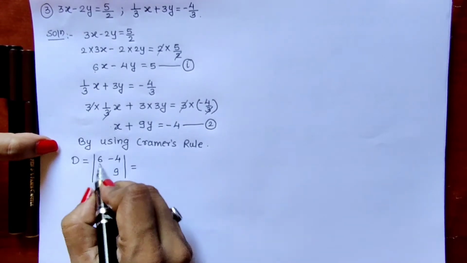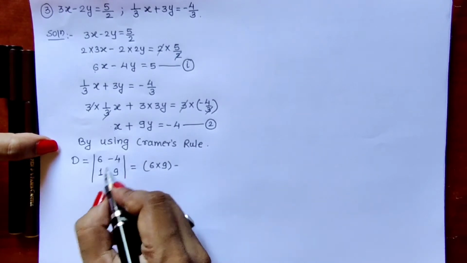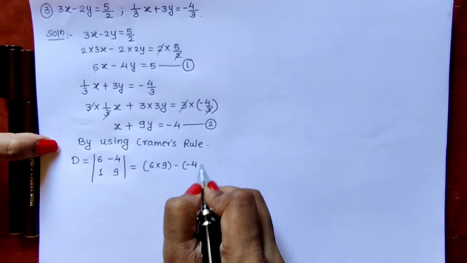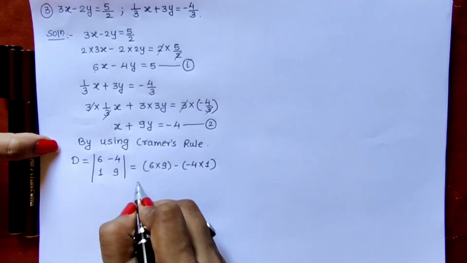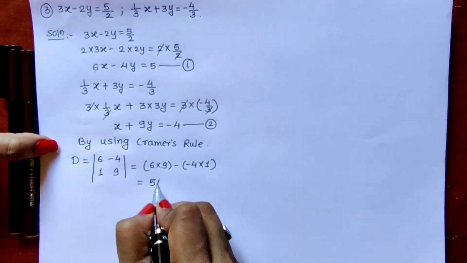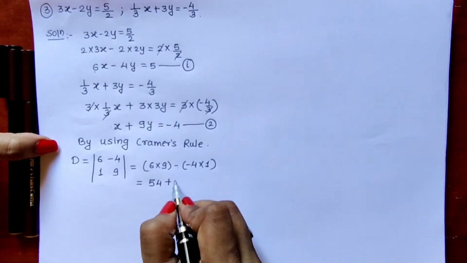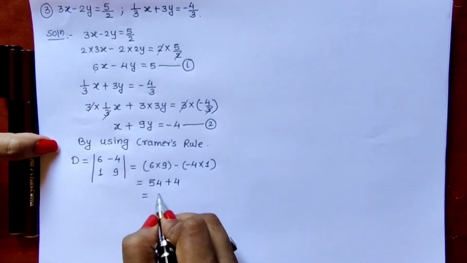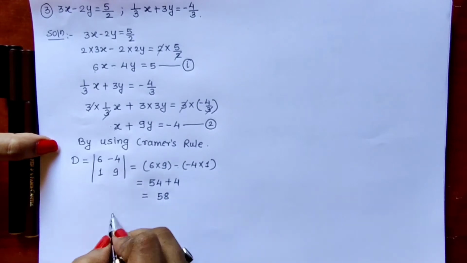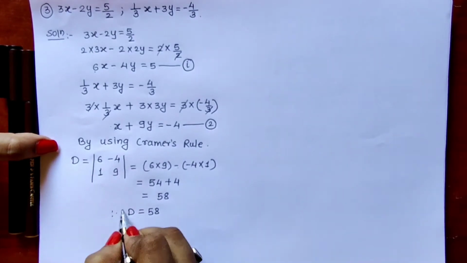Cross multiply. 6 into 9 minus minus 4 into 1. 9 6s are 54, minus into minus plus 4 1s are 4. So 54 plus 4 is 58, and therefore D is equal to 58.